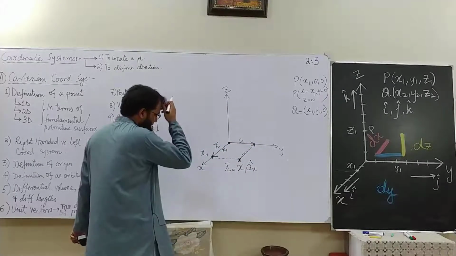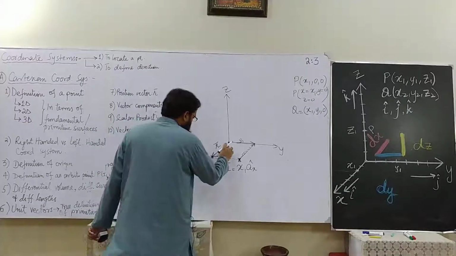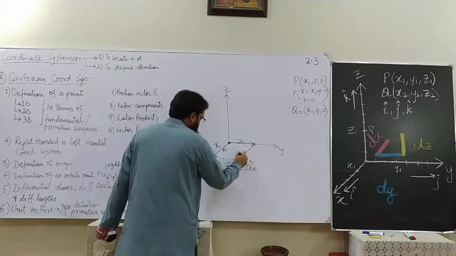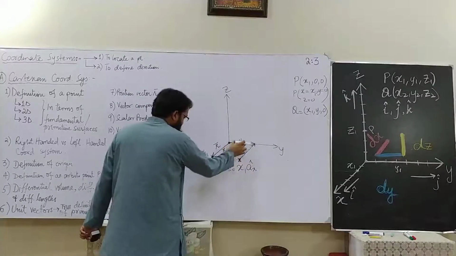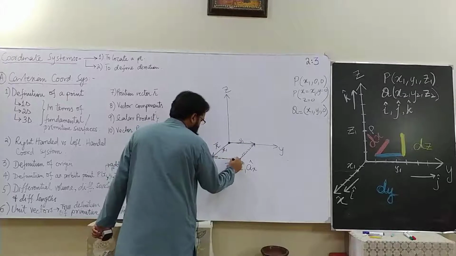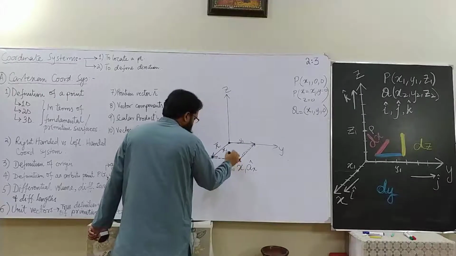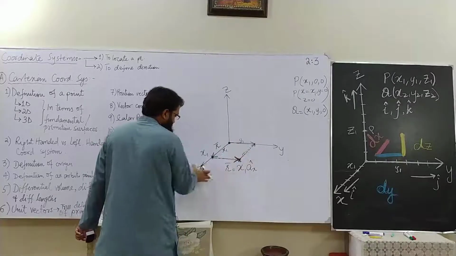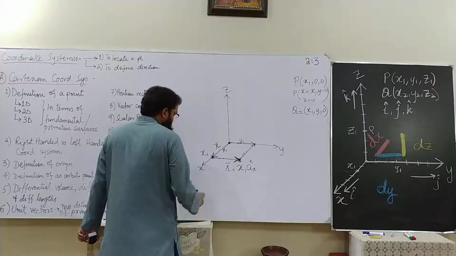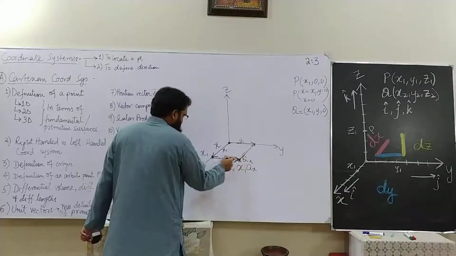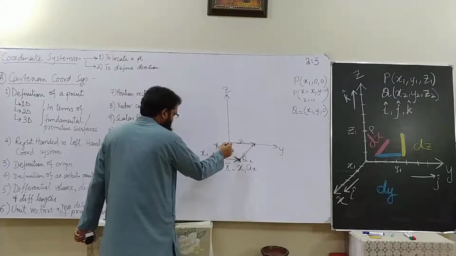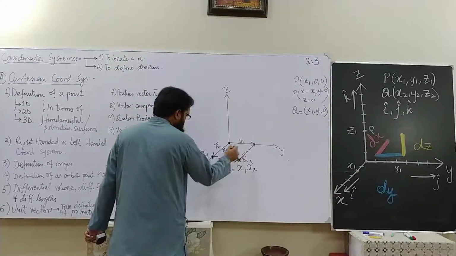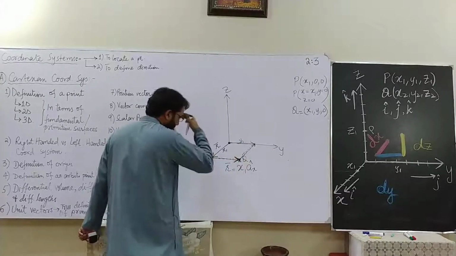To do vector addition, we can just slide this vector from here to here, keeping the orientation and just sliding it down a little bit. So to reach this point Q, move in the direction of x, x1 units, and move in the direction of y, y1 units, and you will reach this point.